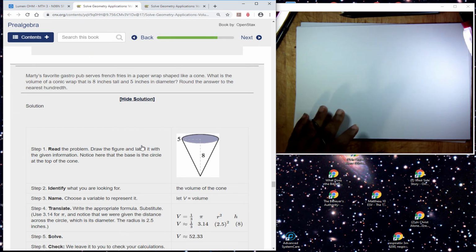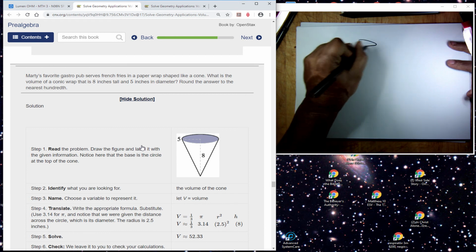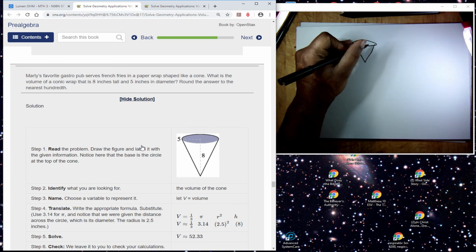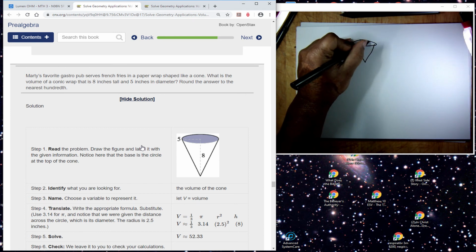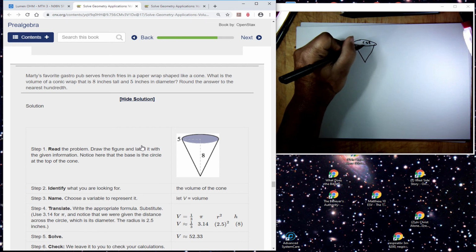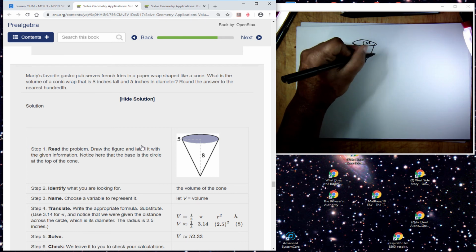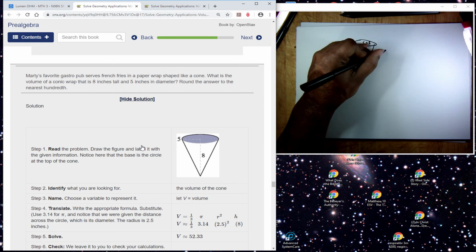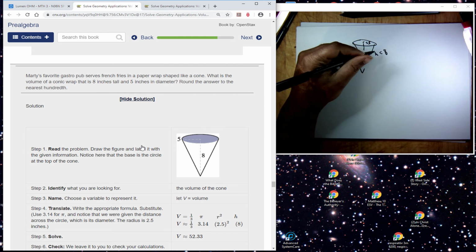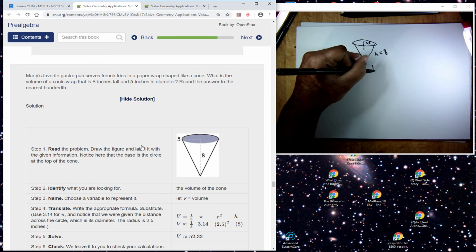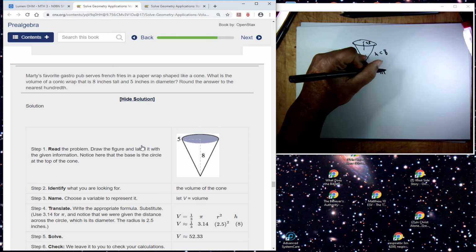Okay. They want the volume, and they give us a cone here, with radius r equal to 5 and the height equal to 8. So volume is equal to 1/3 pi r squared h.